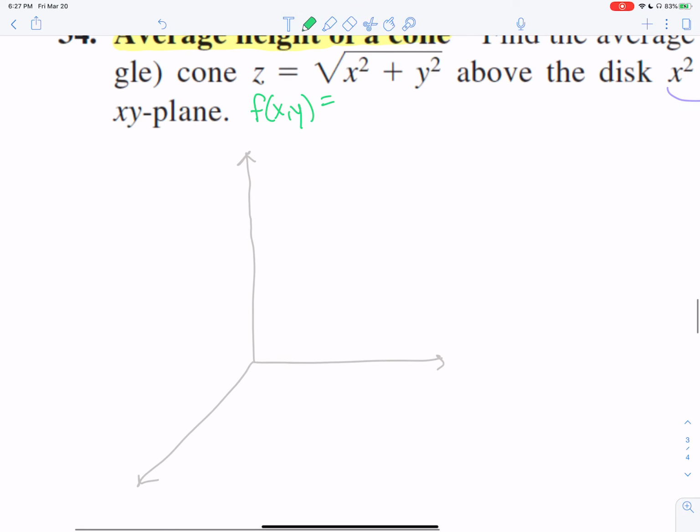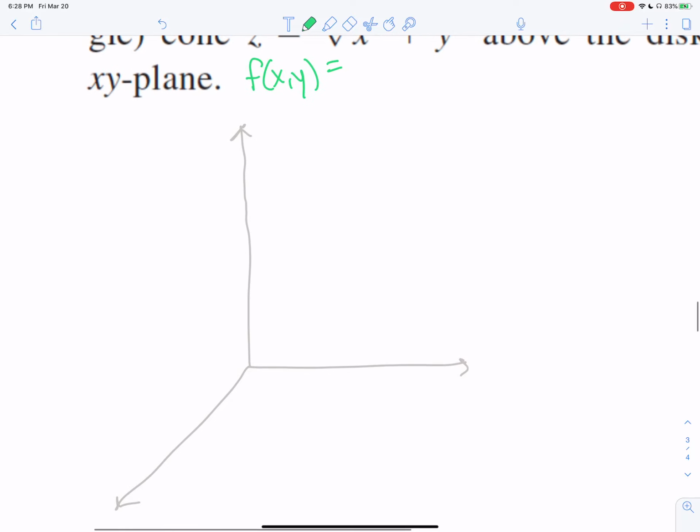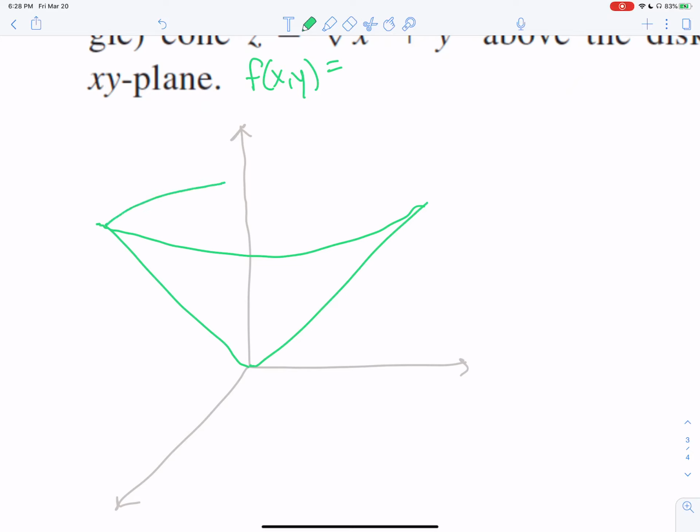And you should recognize that the square root of x squared plus y squared is your cone centered at the origin facing up. So that's going to look something like this. Let me make it a little bit fatter. It's exactly half. So here we go. Here's a cone centered at the origin. So here's f.